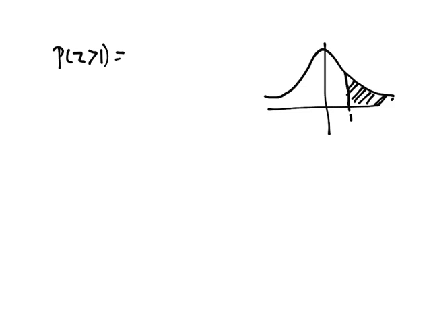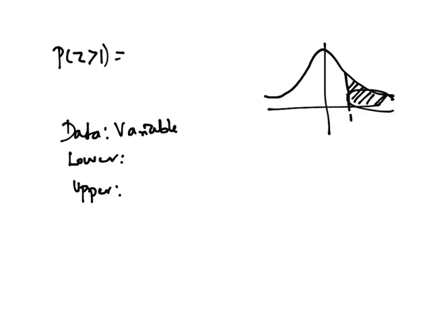Now the first one is data, which is nothing but variable, not the list, variable. And the second one is lower and upper. Now I want this area, isn't it, students? That means the lower limit is 1 and the upper limit, in future you always use 10,000. So the upper limit is 10,000. Next is sigma.